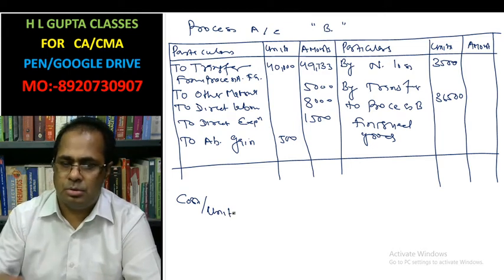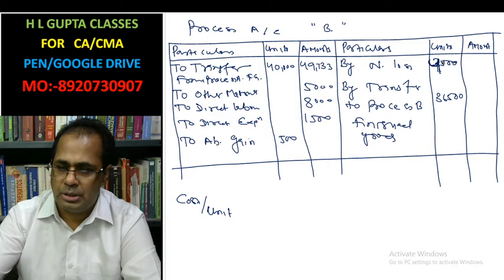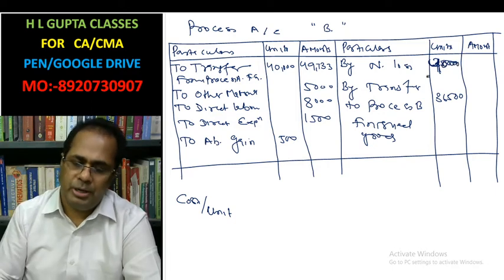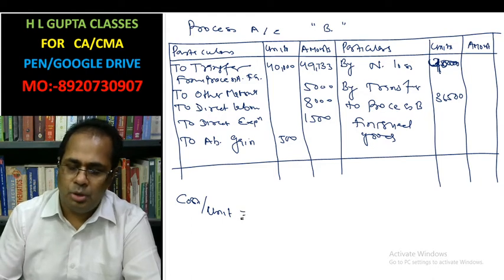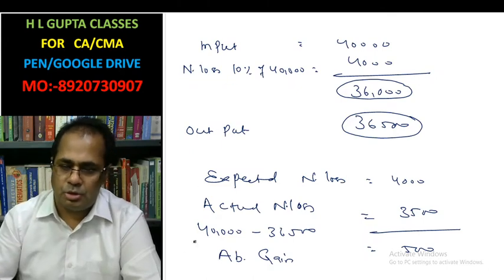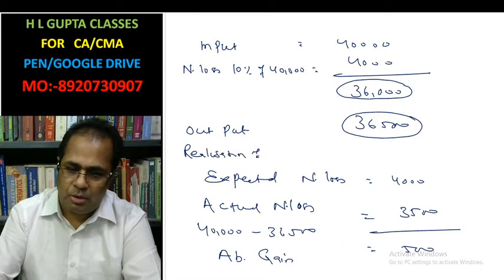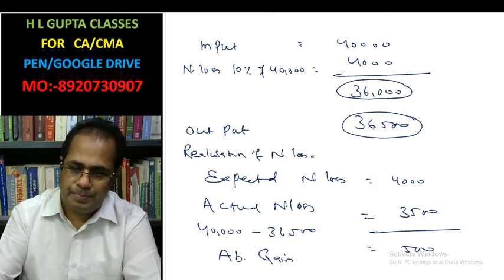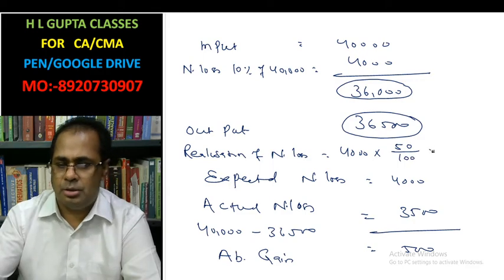Now this is not 3,500, this is 4,000. Okay, now look here, cost per unit. Look at the realization of normal loss of 4,000 units.